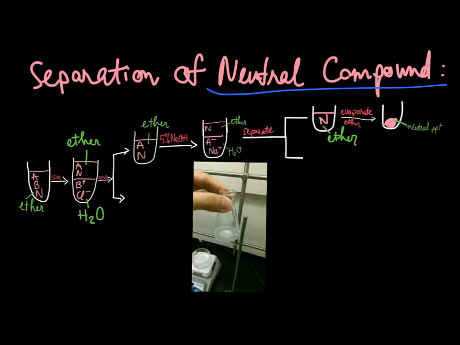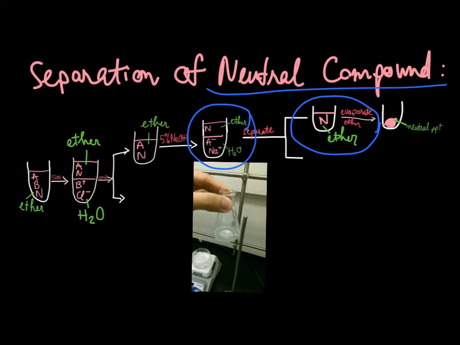So in the previous slides, we know that ether that contains neutral and the water layer that contains the ionic salt were separated. Now I have an ether layer that contains only neutral.